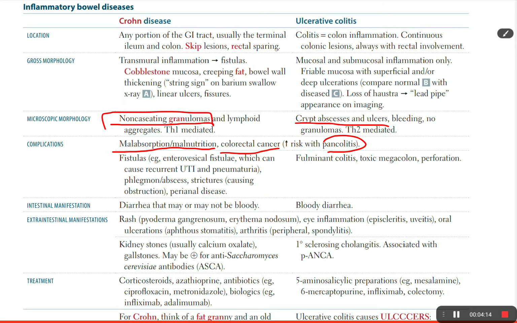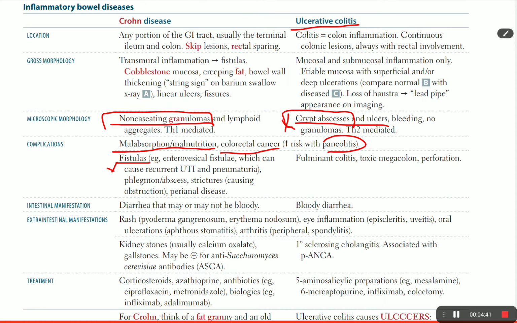So if we know this patient has an abscess, this is 100% not Crohn's disease. It is ulcerative colitis. But if the patient has a fistula, it's 100% Crohn's disease, because a fistula does not happen with ulcerative colitis and an abscess does not happen with Crohn's disease.